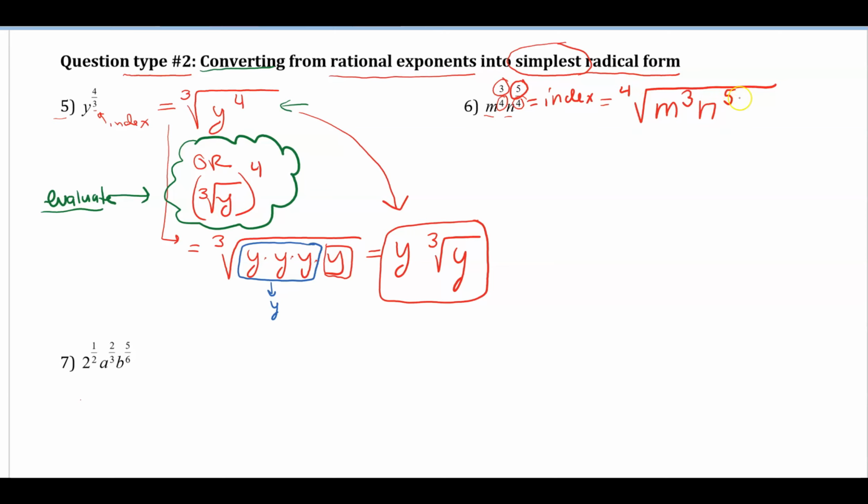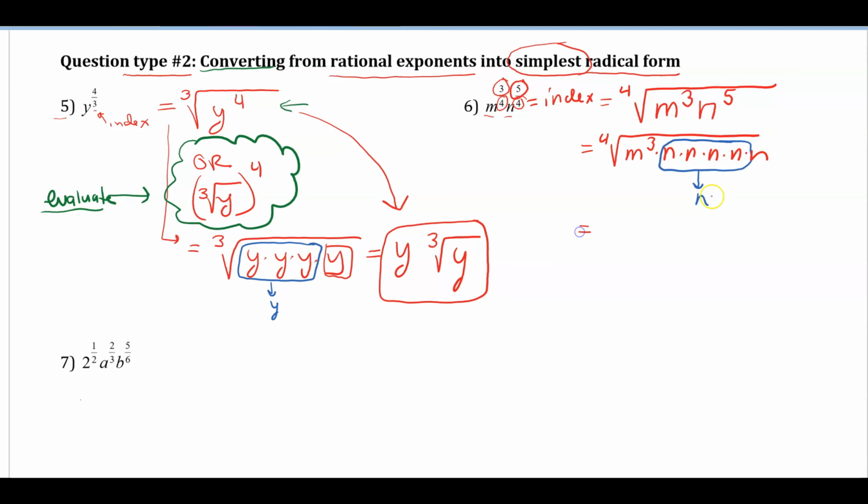But we can see that the n can be simplified further since there's 5 of them. So we can think of this as the 4th root of m to the 3rd and then 5 factors of n, 4 of which make a perfect 4th root of n.